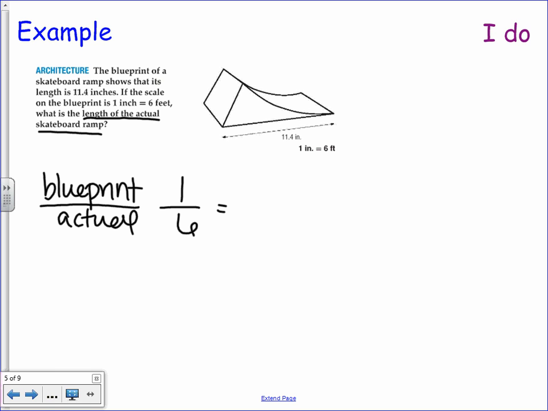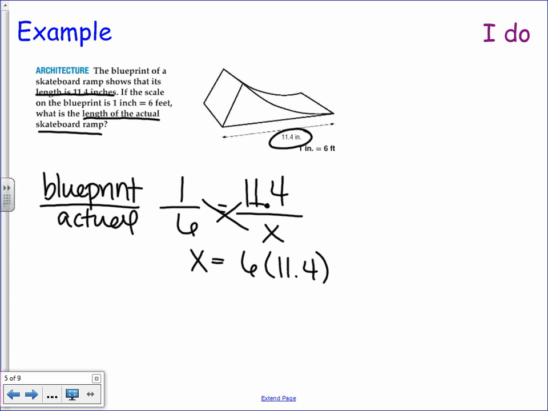And I'm going to set up the blueprint saying the length is 11.4. And we're trying to find out what the actual is. We don't know what actual is, so we'll set that as an x. So we cross multiply, we get x to be 6 times 11.4. And when you do that in your calculator, you get 68.4 feet.